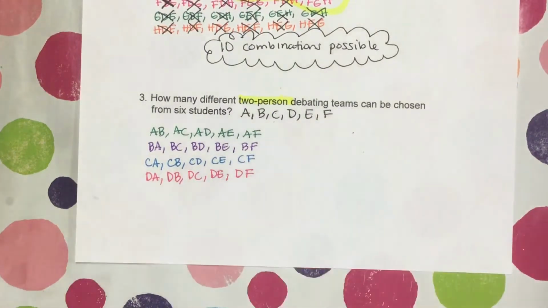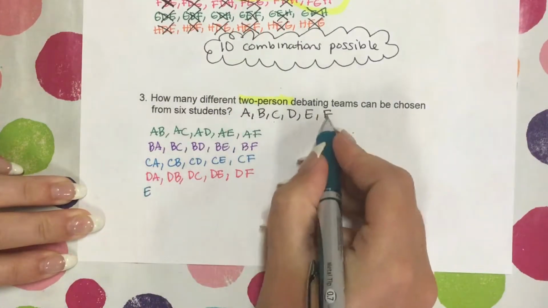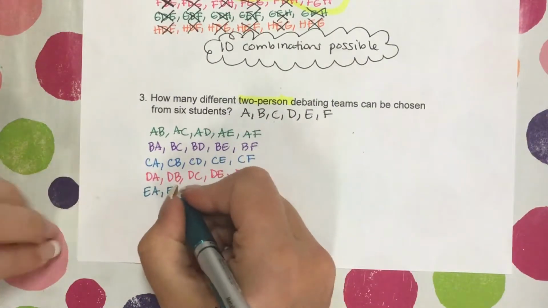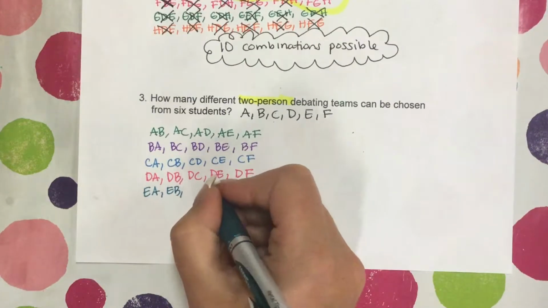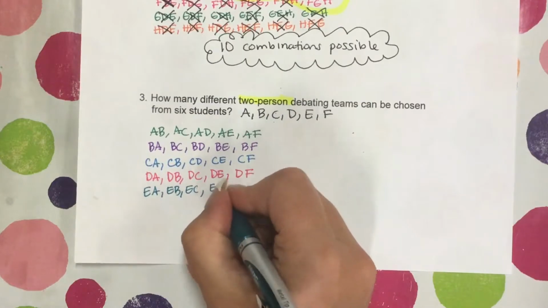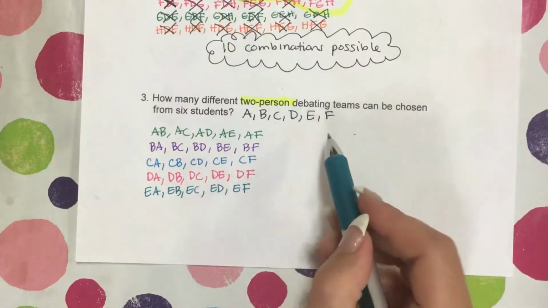That's D. Now we're going to turn to E. So E can go, let's see here. E can go with A. E can go with B. E can go with C. E can go with D. And E can go with F. All right.